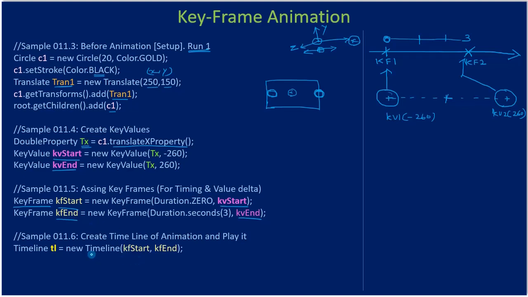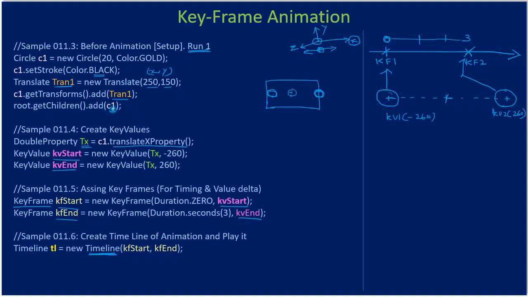If you see, the constructor we are using is Timeline. So it's a timeline based animation, right? Timeline, and we are giving keyframe 1 and keyframe 2. That means keyframe start and end. So the animation will be played between this start and end. So KV start at 0 second, this at 3 seconds. That means the total duration of the animation is 3 seconds without any change in the rate, and it knows what kind of object is involved in the transformation.